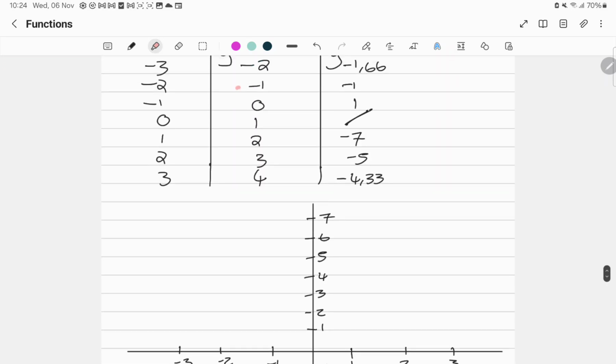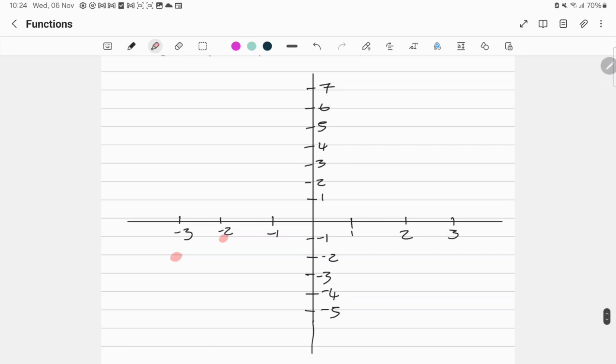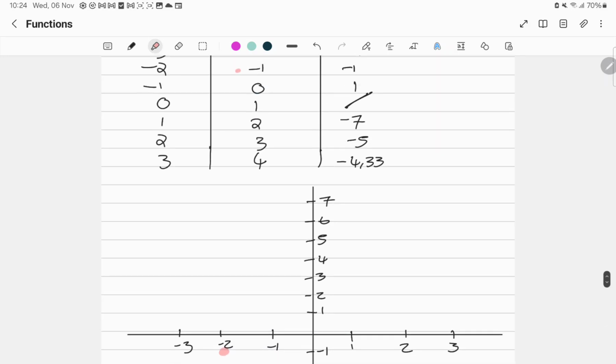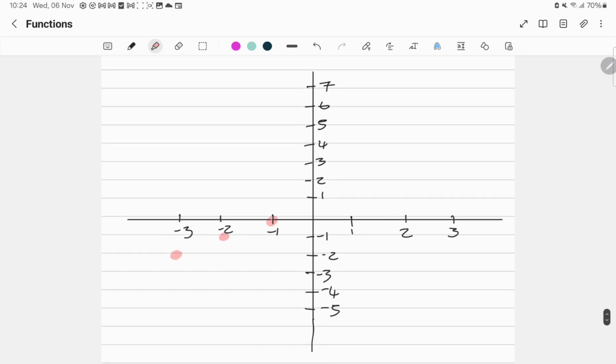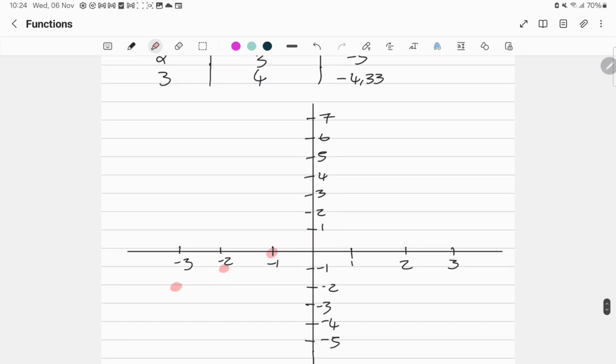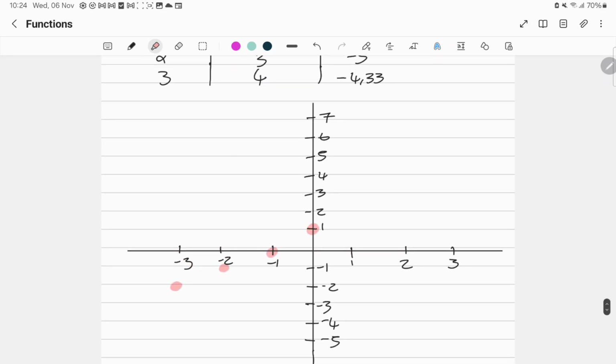When it was negative 2, my y was negative 1. Then when my x was negative 1, my y was 0. Then if my x is 0, then my y was 1. What do we call these 2 points? This one will obviously be my x-intercept, and this will be my y-intercept.